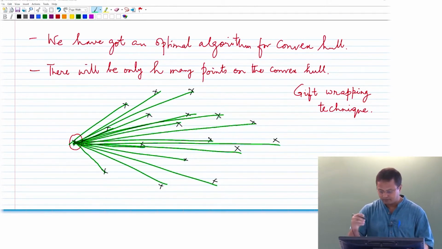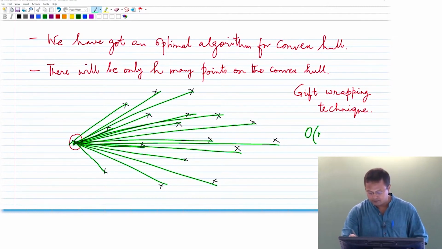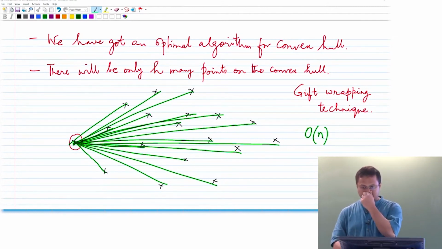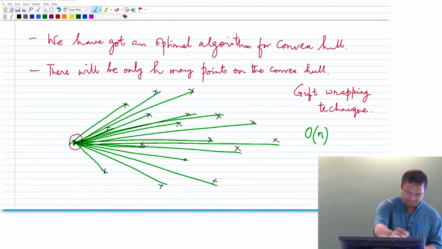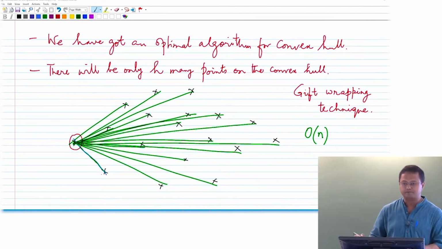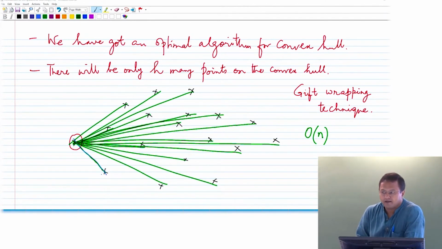How many such line segments? Order n. I look at their slopes. I take the one which is the smallest, so it should be this.